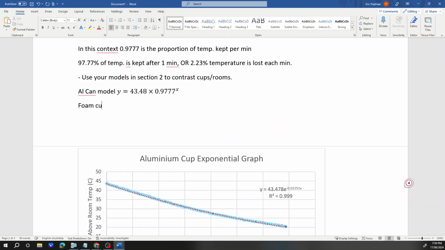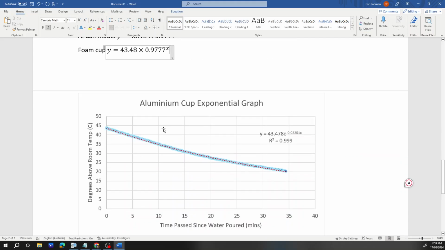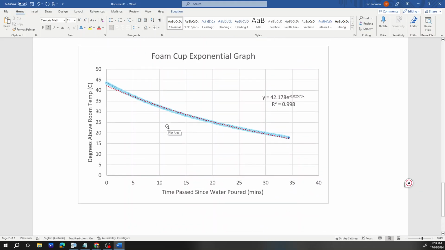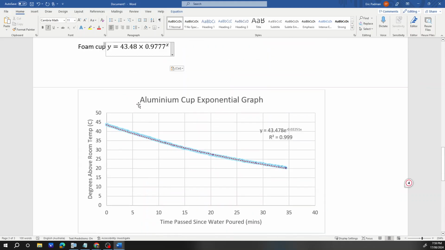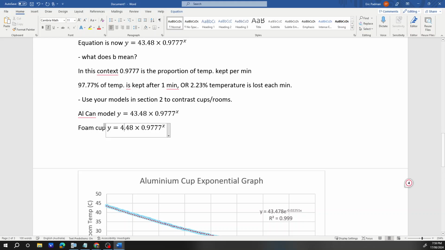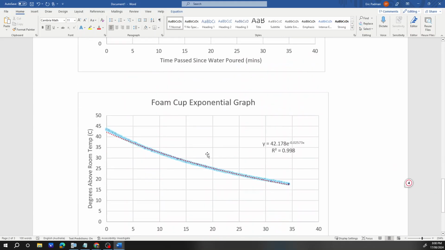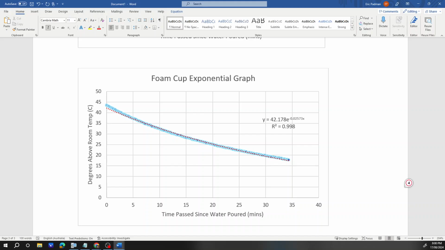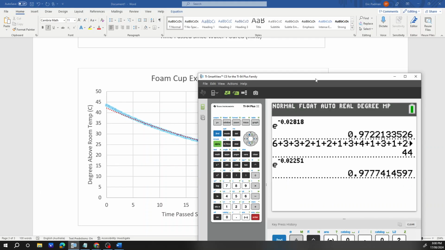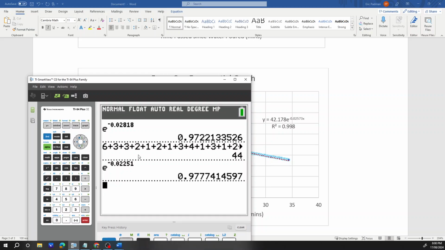Foam cup. So I'm just going to copy this again, but we're going to delete this. This one is 4218, and I have to convert that one as well. So let's go down here and pull my calculator back out. All right, let's do another conversion. I can just copy this and change that to 5, 7, 3.